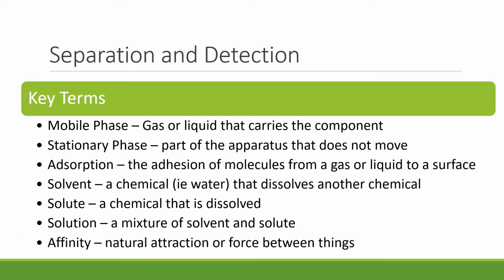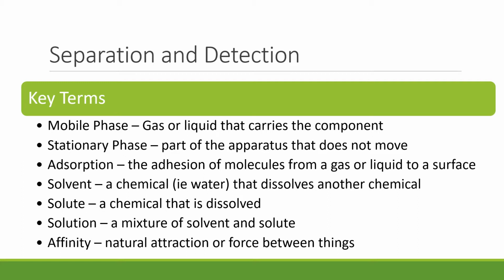There are a few key terms I want you guys to be familiar with. One is the mobile phase. This is the gas or liquid that's going to carry that mixture through our instrument, and that's the stuff that we want to actually separate. Then there's a stationary phase, and this is the part of the apparatus that doesn't move, that our mobile phase will interact with.